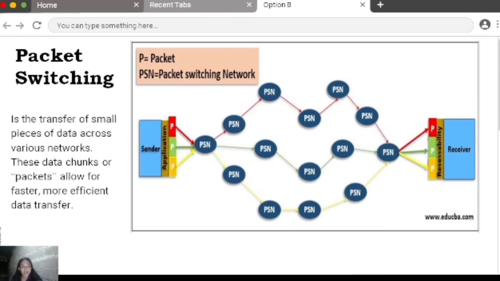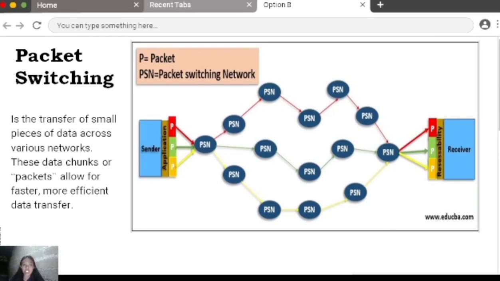This is designed so that no single connection dominates the network. If data was not sent between computers all at once with no packet switching, a connection between two computers could occupy multiple cables, routers, and switches for minutes at a time. Essentially, only one or two people would be able to use the internet at a time instead of an almost unlimited number of people, as is the case in reality.